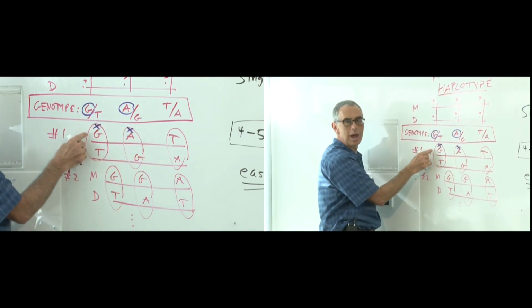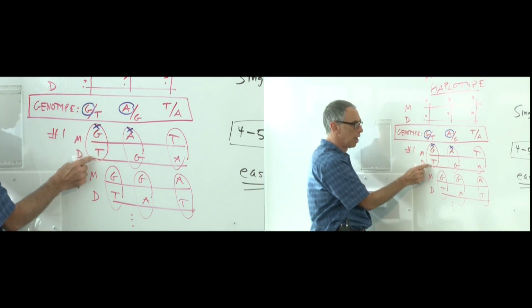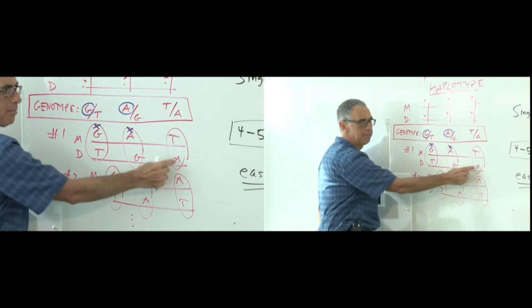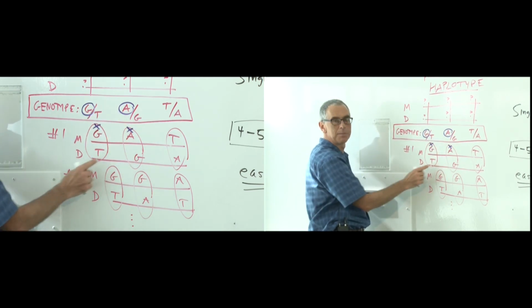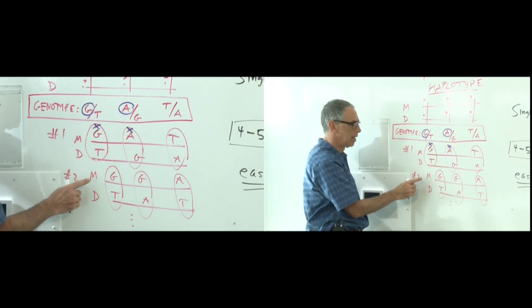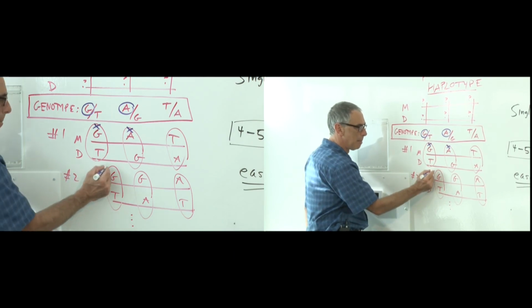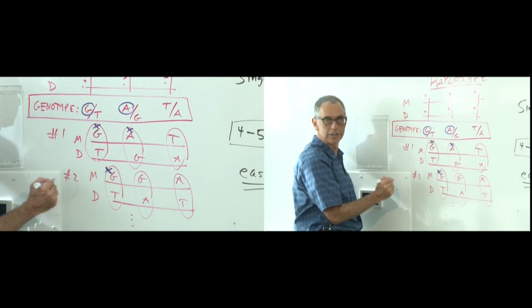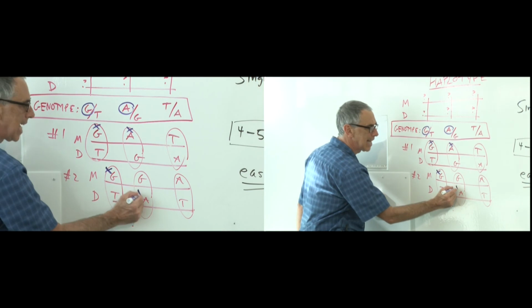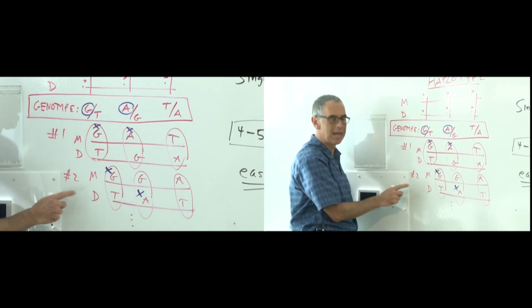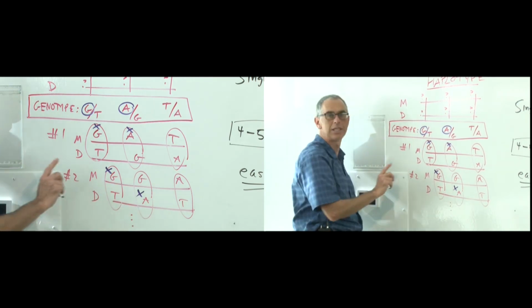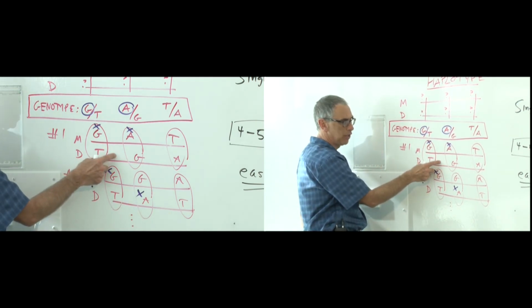So mom's giving you a messed up protein that doesn't work, but dad has given you a fine protein because he doesn't have any of the mutations or SNPs that mess up the function. Okay? In this case, mom has one variation that messes up the protein, and dad has the other. So you're going to have 2 copies that are messed up, and you will not have a functioning protein at all. Here you have half the dose.